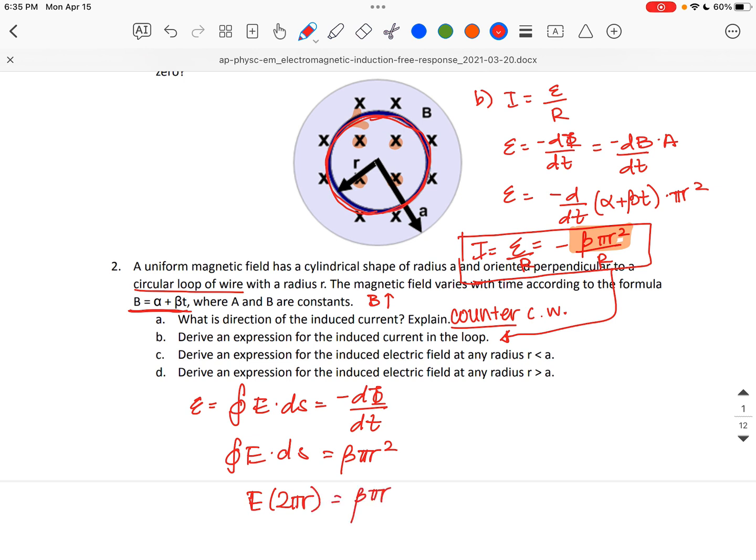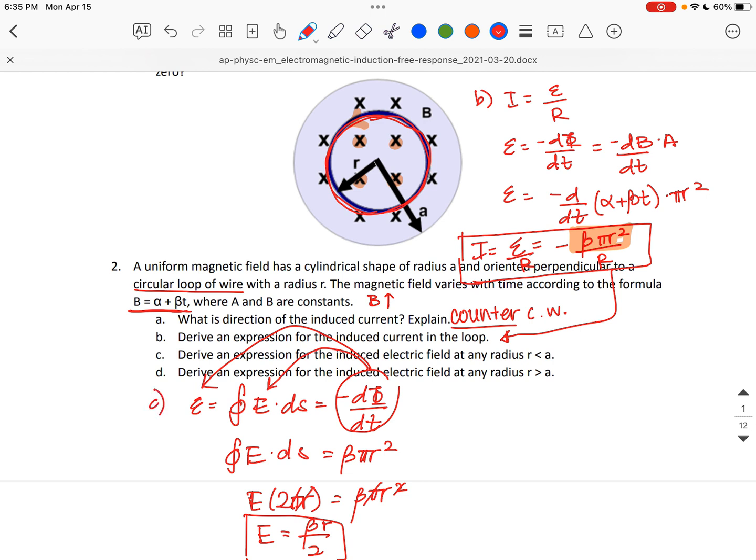And when we simplify things down, we get an electric field of, the pi's also cancel, beta r over 2. So this lets us know that a changing magnetic flux induces an EMF, which also induces an electric field. So this is part C.